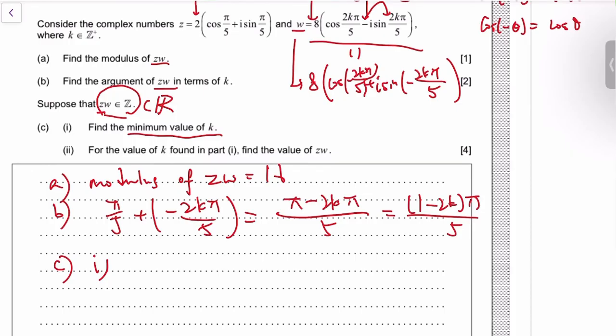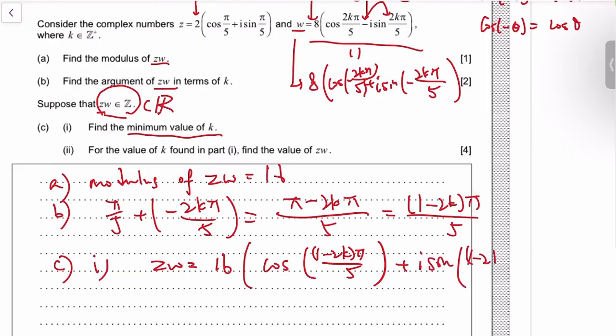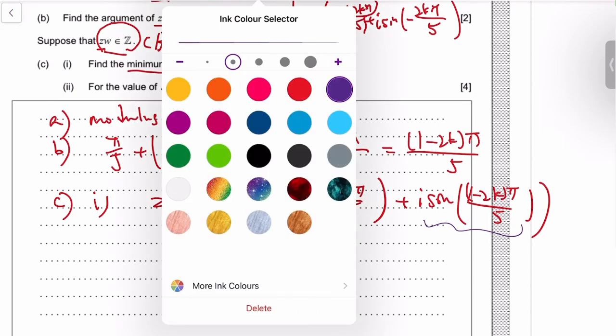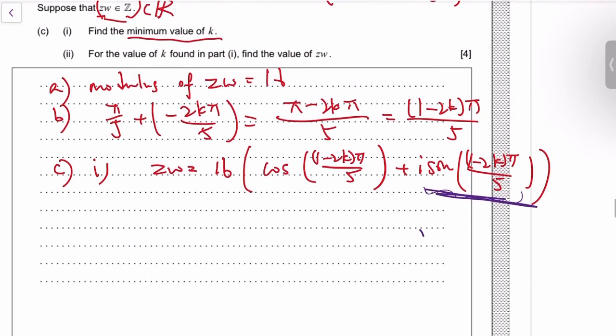Okay, let's actually write out z times w. It will be 16 cosine of the argument plus i sine of the argument. So in order for this thing to be real, you need the imaginary part to be 0.